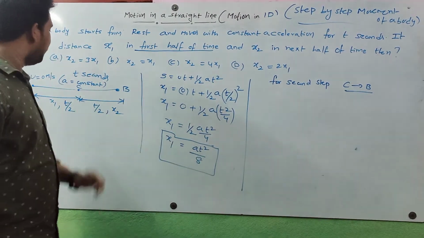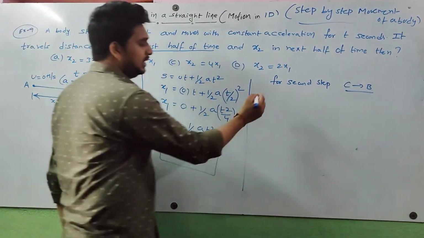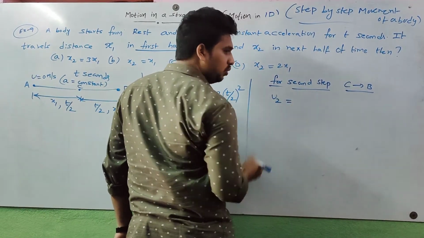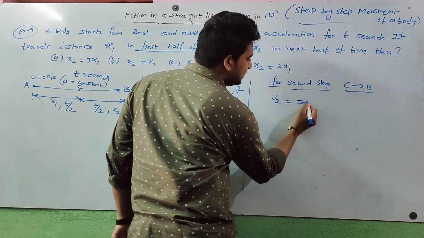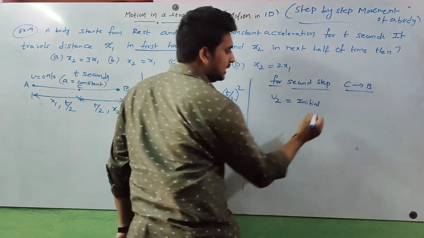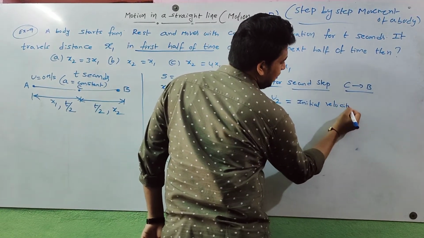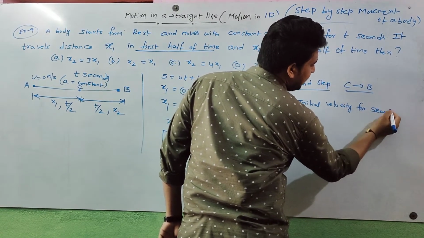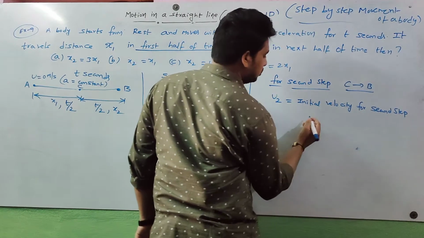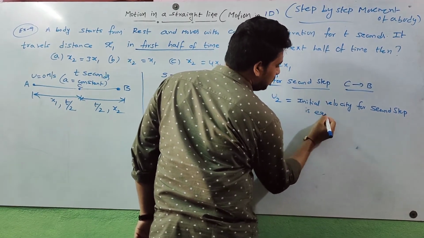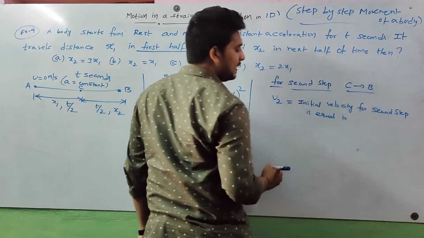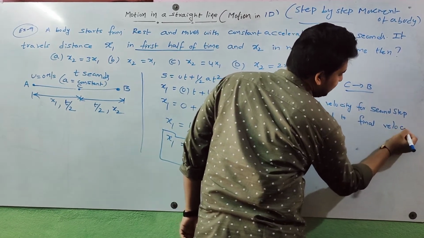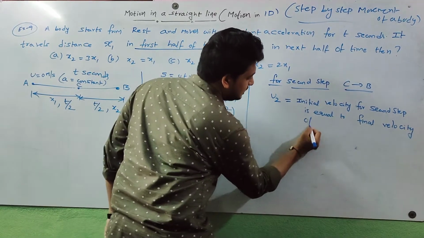From C to B movement, the initial velocity for the second step we consider as u2. u2 is equal to the initial velocity for the second step, and this is equal to the final velocity of the first step.